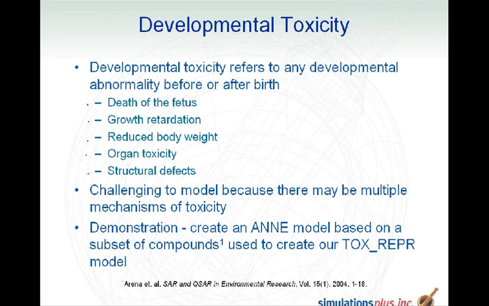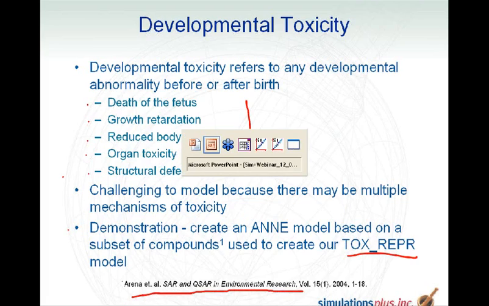Of course, this is a very challenging model because of all these multiple mechanisms involved in the toxicity. So what I'm going to demonstrate is taking a subset of the compounds that we use to build our reproductive developmental toxicity model and show how we would build a model. And this is the reference for much of the data that we used to create the model.